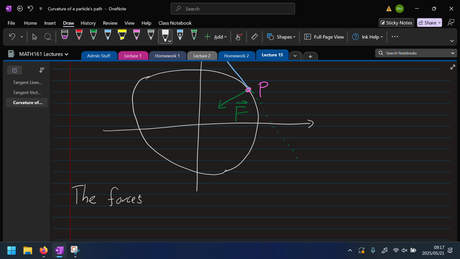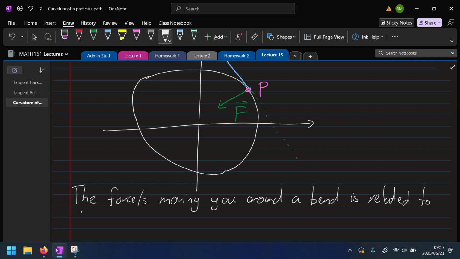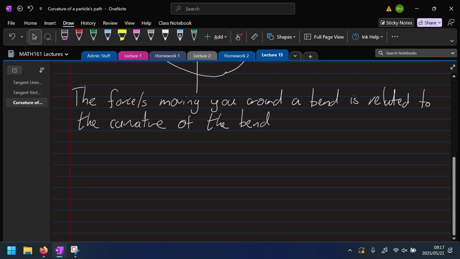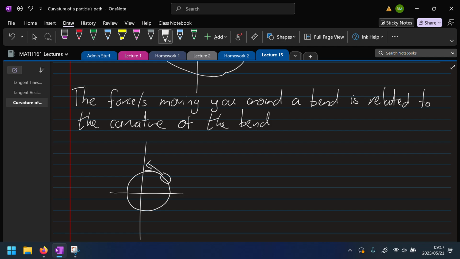So the force or forces moving you around a bend is related to the curvature of the bend. Again, keep in mind, if you have a very little circle, there's you moving around.